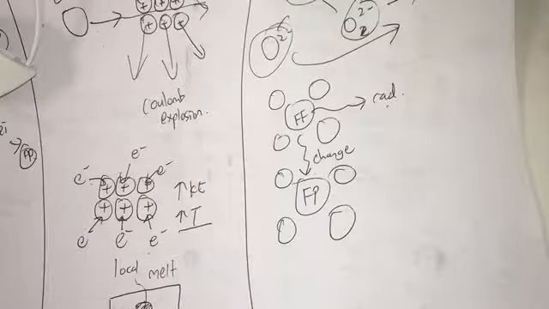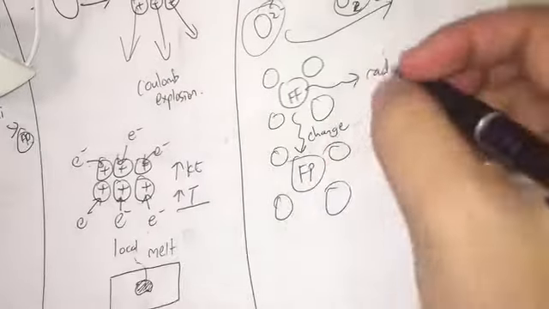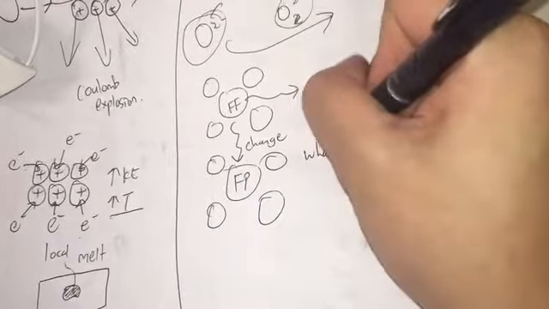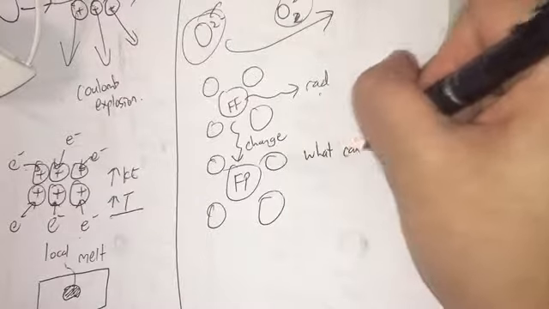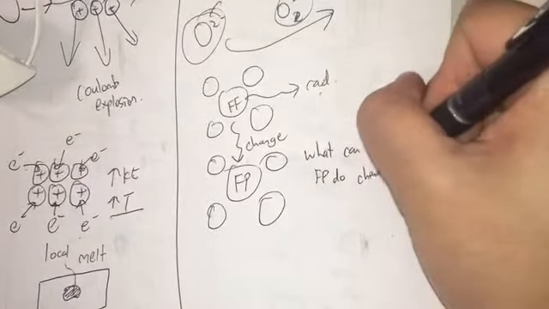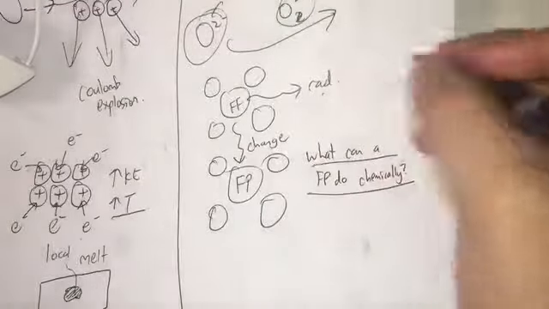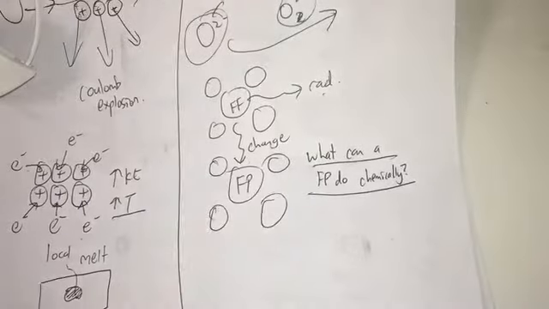So what chemical groups can this fission product be? And what can they do? So what can a fission product do chemically to the fuel? Of course, to the fuel.